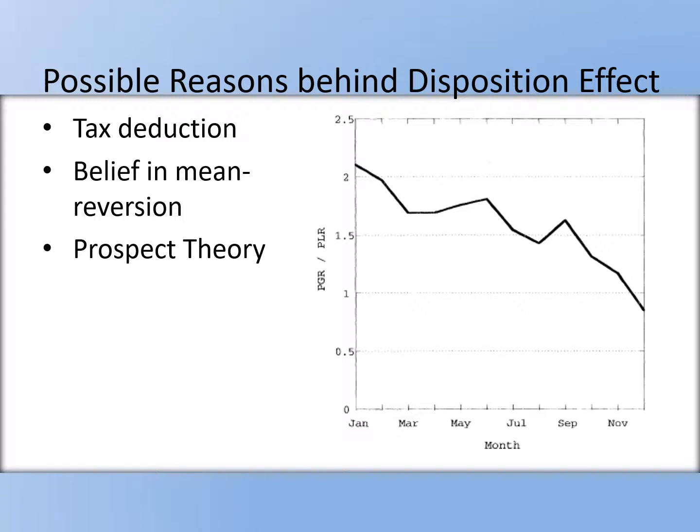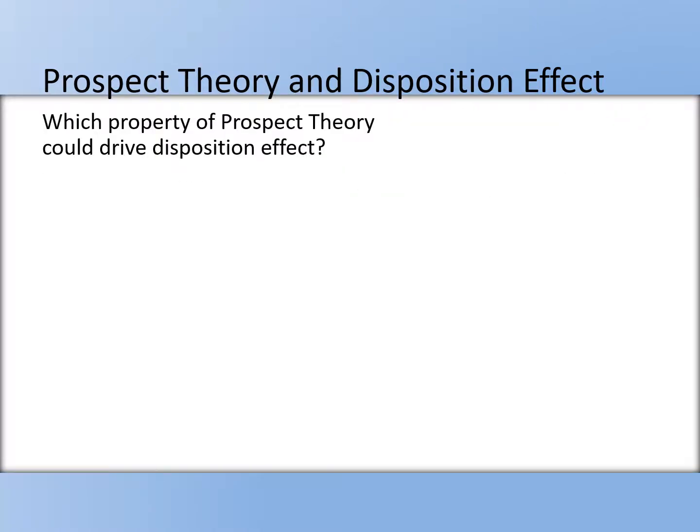Okay, so the disposition effect is the idea that people are much more willing to sell at a gain than at a loss, and prospect theory is a major theory being proposed to explain this behavior. So how do you get the disposition effect from prospect theory?